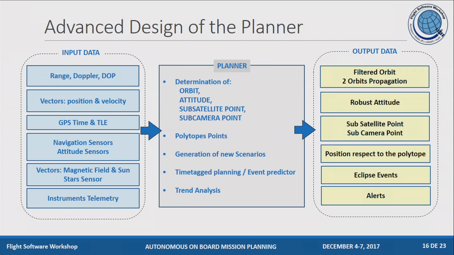The planner needs to process some information from the different sensors that the spacecraft has, and with extra information we generate that output data, which is the filtered orbit and other information that the planner will use to generate the subpoints and to build the event predictor and time tagger tables. Next slide, please.